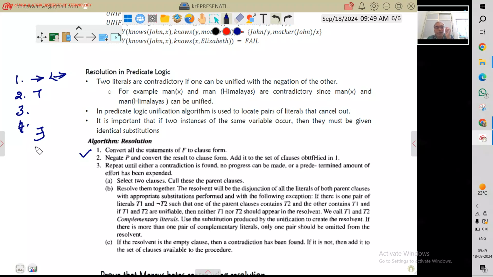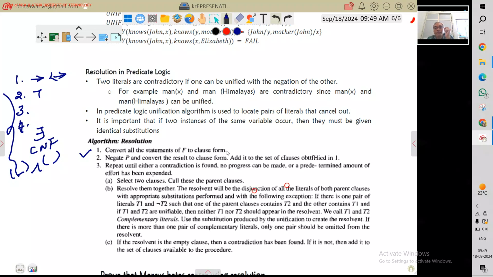After that, you are going to check whether it is in conjunctive normal form. Apply the distribution law properly and see that it is in conjunctive normal form. And the last step is you are going to drop all the AND symbols, and each one we are going to consider as a clause. So these are all the steps you are supposed to follow to convert the given WFF to clausal form.